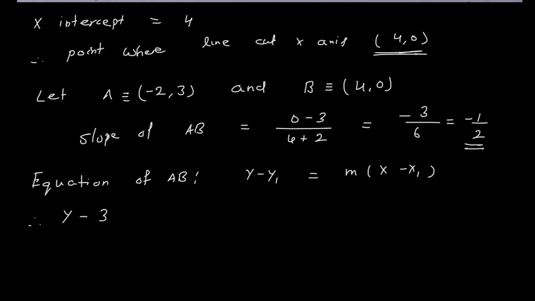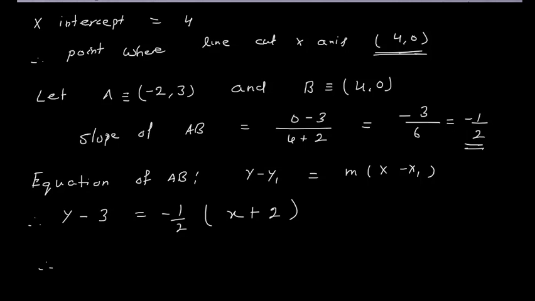Y minus 3 is equals to m. The value of m, slope we have to find out, no? Minus 1 by 2 into x minus x1, so it is minus minus, it will become plus 2.